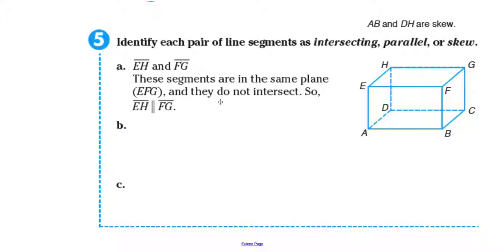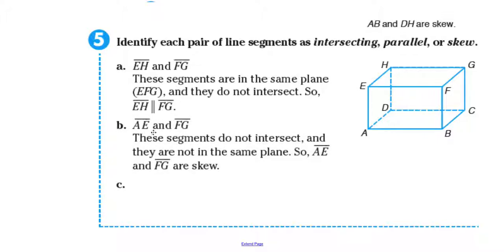They do not intersect, so segment EH is parallel to segment FG. How about segment AE and FG? If you notice, they do not intersect and they're not in the same plane. So segment AE and segment FG are skew.